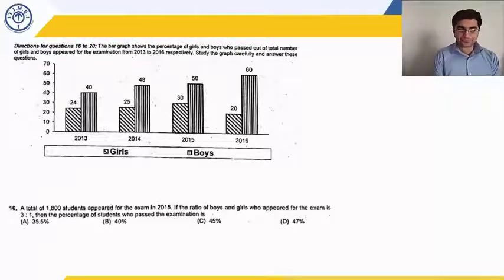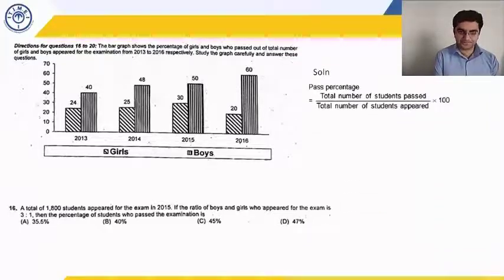Okay, let's solve. So you have 1800 students divided in the ratio 3:1. Boys to girls is 3:1. So total 4 parts corresponds to 1800. So 1 part corresponds to 450. So that means 3 parts becomes 3 into 450, that's 1350. So you get 1350 boys and 450 girls.